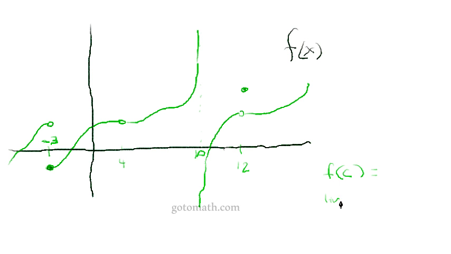The limit as x approaches c of f of x must exist, and in this particular case the limit does exist, but that limit must be equal to f of c.